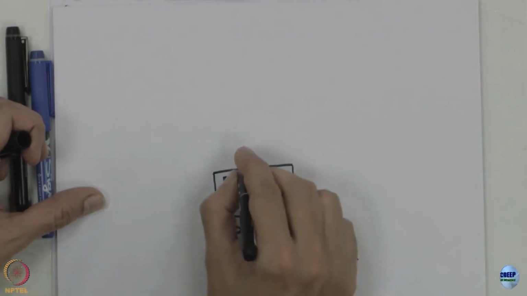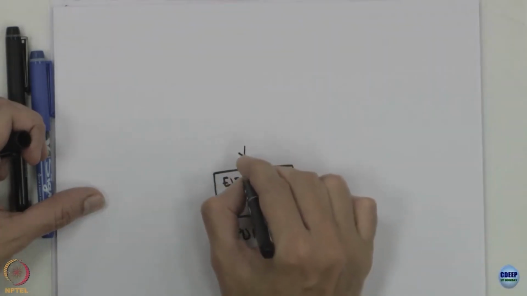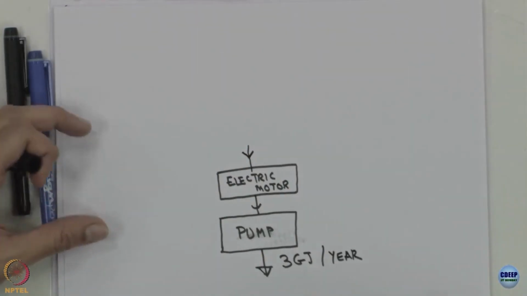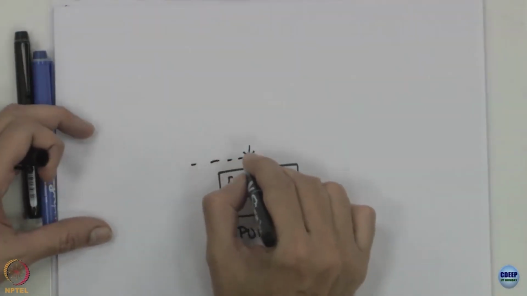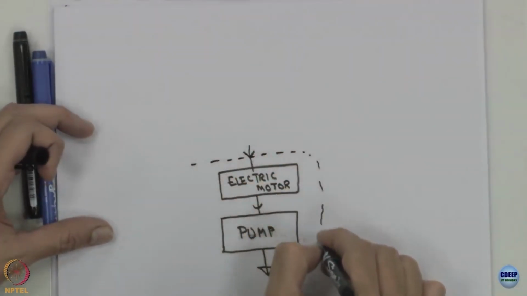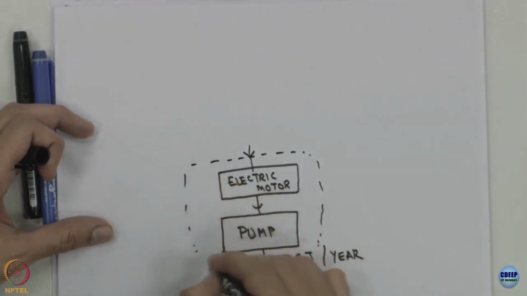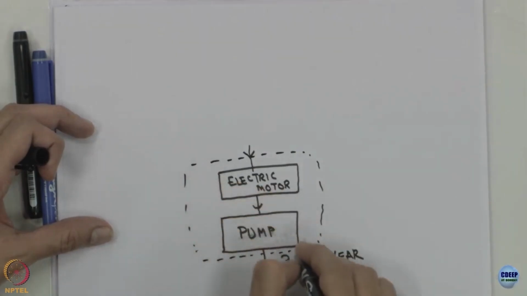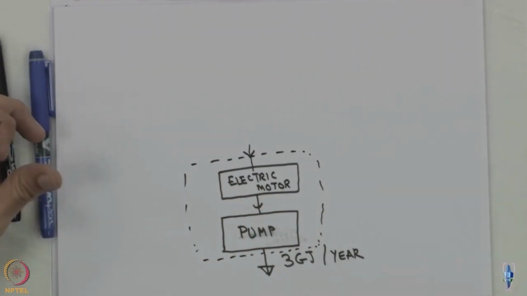Now this is the electricity that is purchased by the farmer, and this system boundary is what the farmer sees.